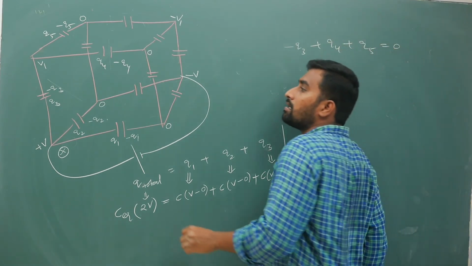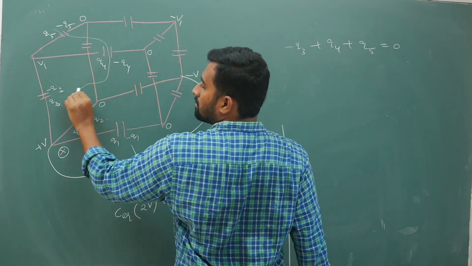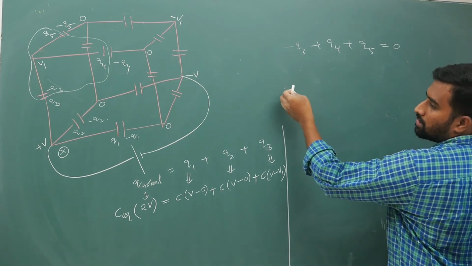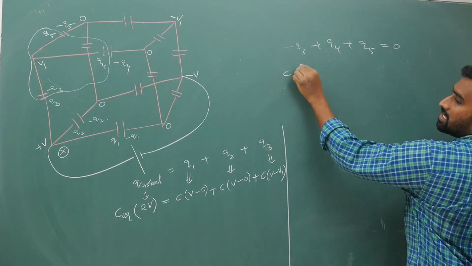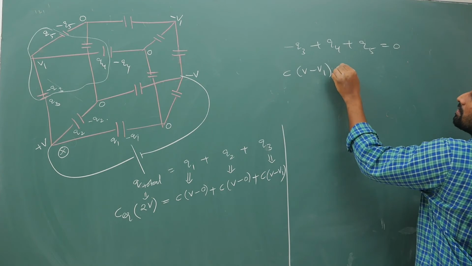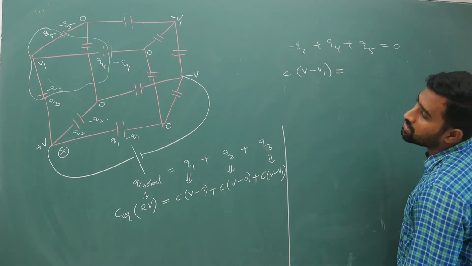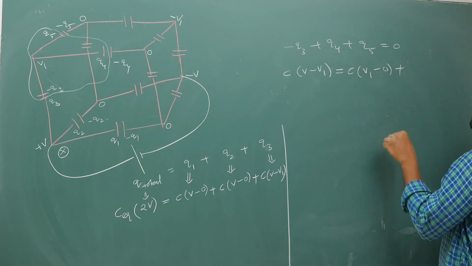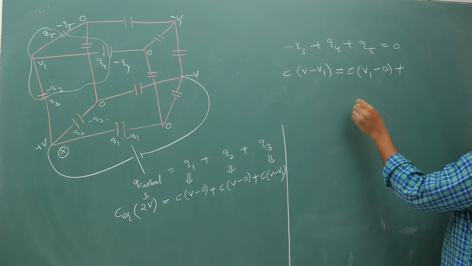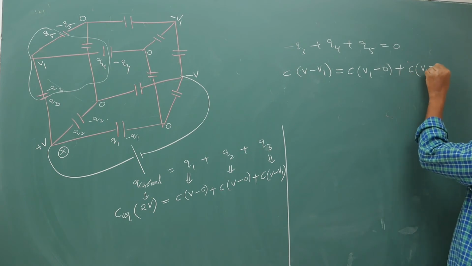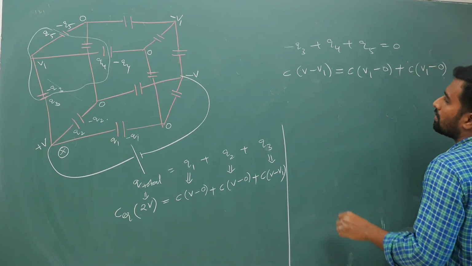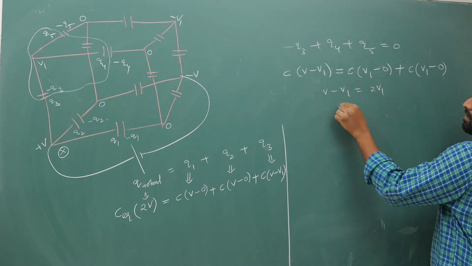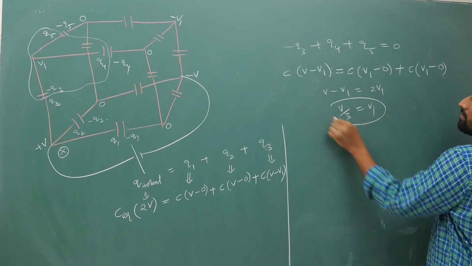If you are considering a branch here, you can express your Q3. How much is your Q3? It is C times (V minus V1), that is equal to Q4 plus Q5. What is Q4? It is C times (V1 minus 0), plus Q5, which is C times (V1 minus 0). So V minus V1 is equal to 2V1, so V by 3 is equal to V1.